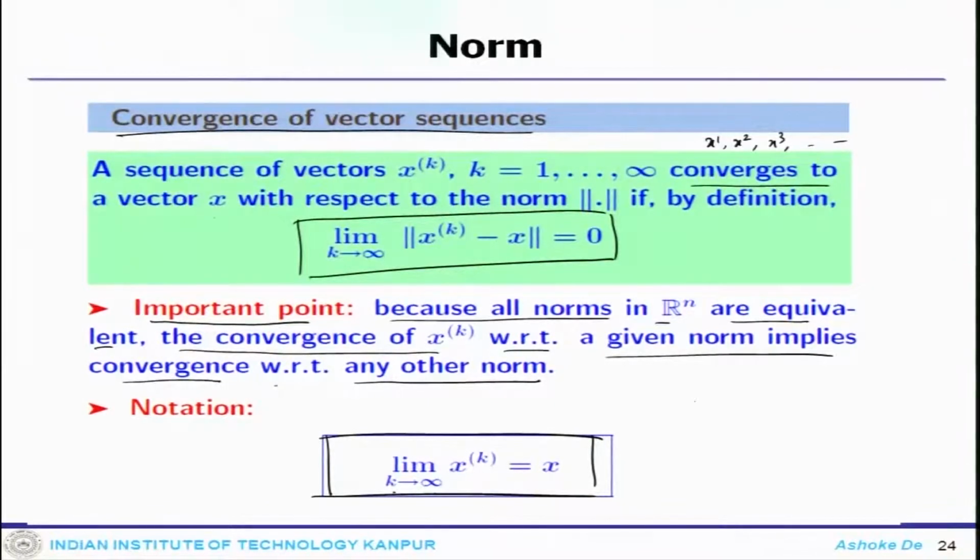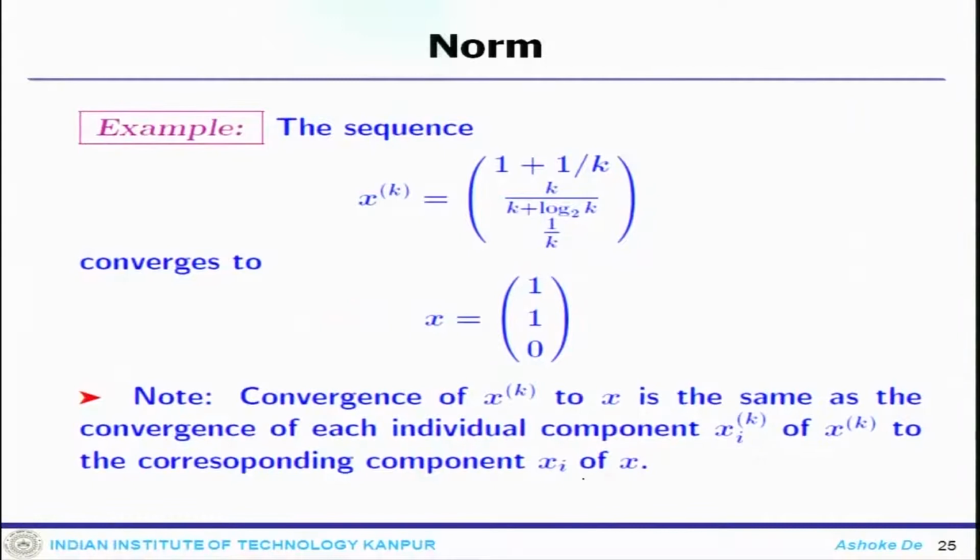Here the property which was used is the equivalency. You can see that the convergence property uses the equivalency property of the norm, and that is why you can write this notation and say that the convergence can be obtained. So, that is an example.